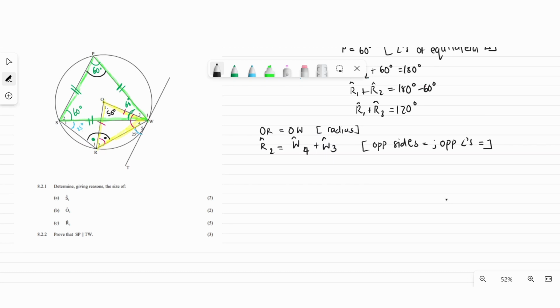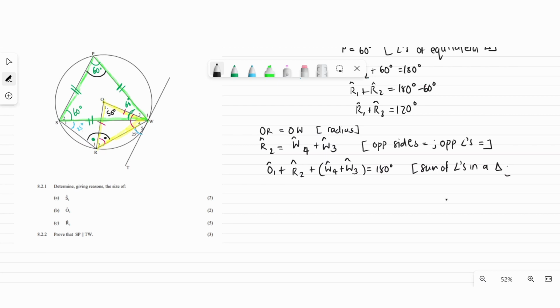If these two are equal, then we can use the sum of angles in a triangle, looking at the yellow triangle, just to find this. So angle O1 plus angle R2 plus, remember this one is a combination of two angles, angle W4 plus W3, is equal to 180 degrees. That's the sum of angles in a triangle.